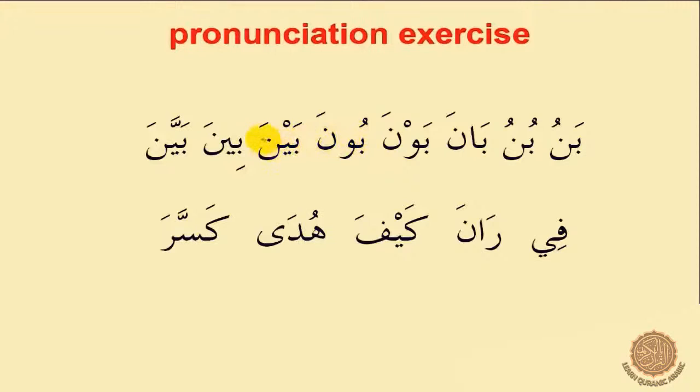The next is Bayna. Then we have Beena. This is a long vowel. Beena. And finally, it's Bayyana. So there's a shadda there. So it can actually be written as follows. The ba, then the ya, followed by another ya, and then finally the noon.